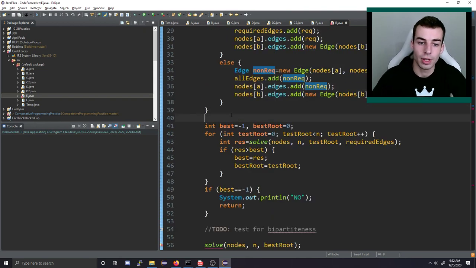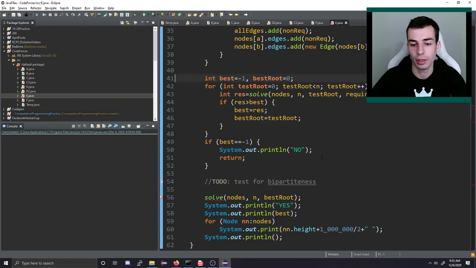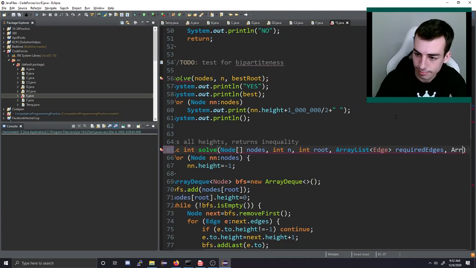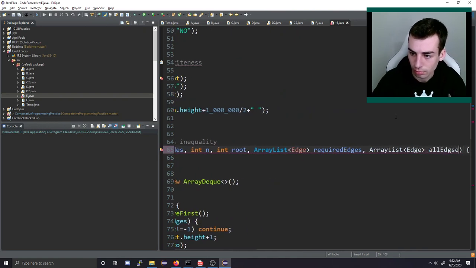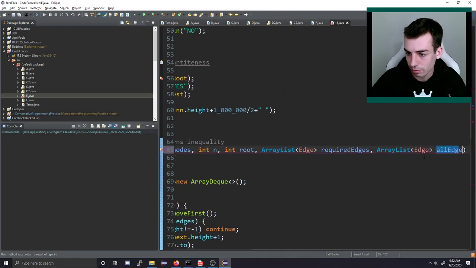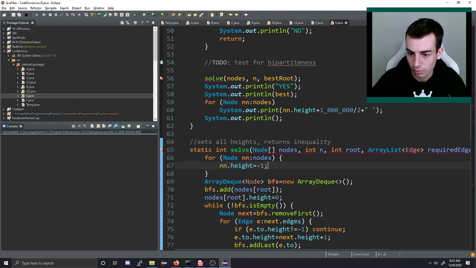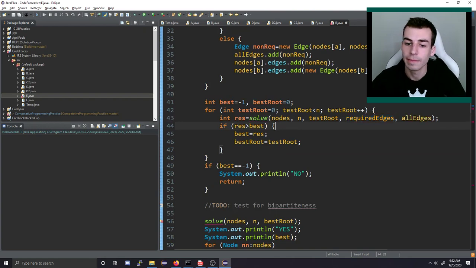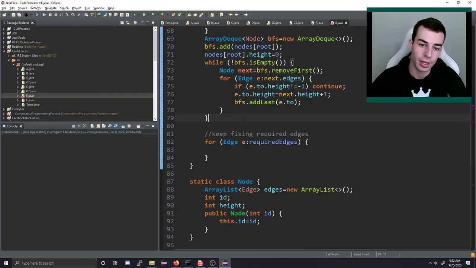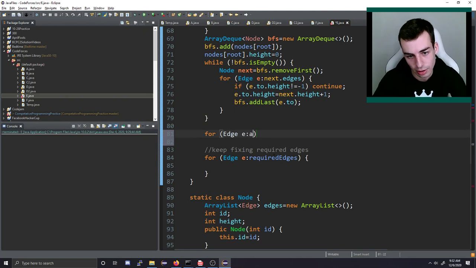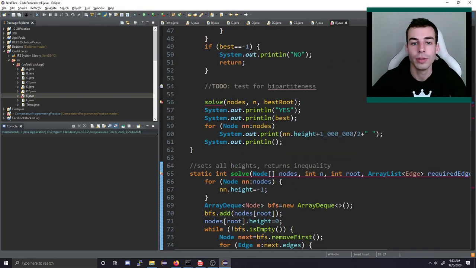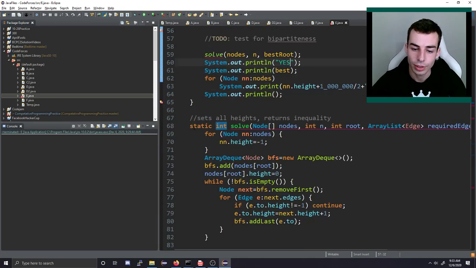Yeah, okay, so now alright, so now for edge e in all edges, if e dot non-bipartite minus 1, yeah, okay.